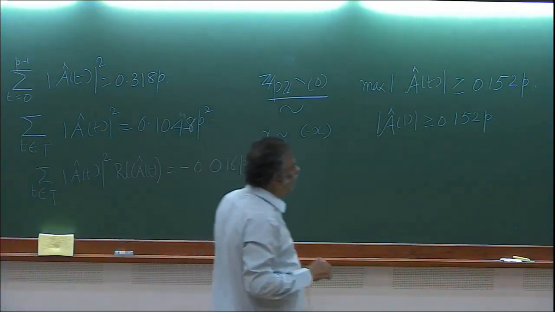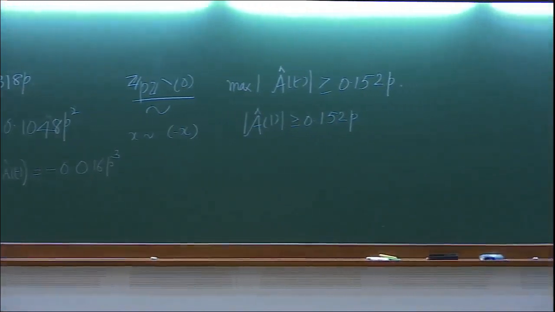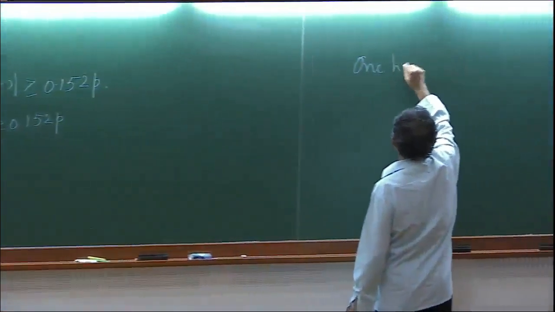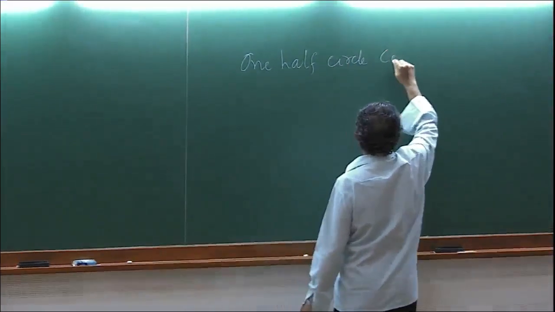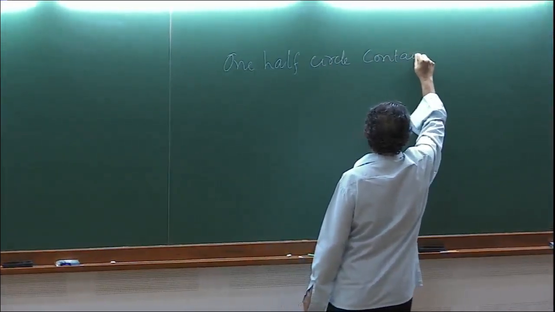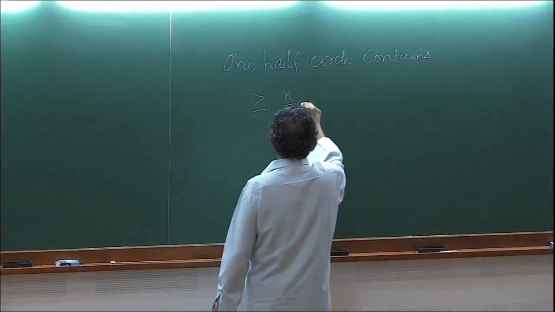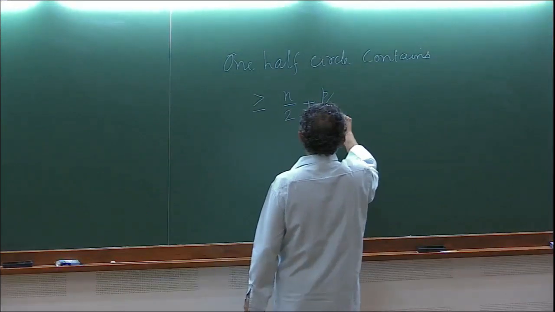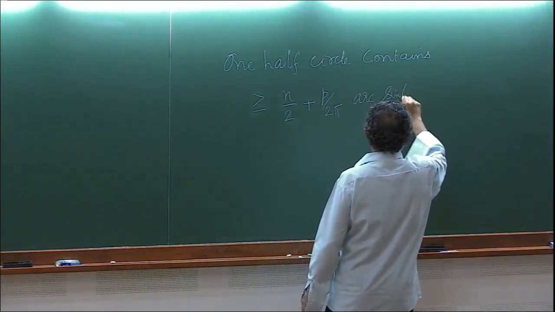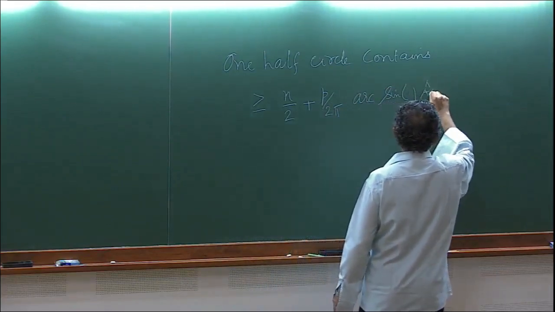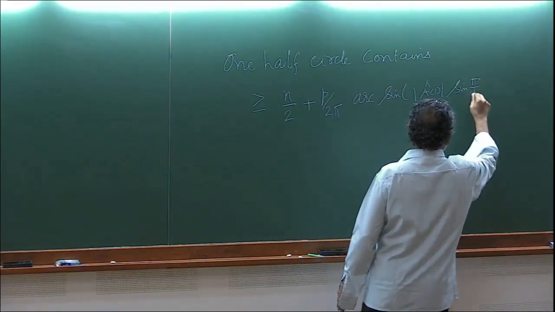In fact it says essentially that one half circle contains at least n over 2 plus p over 2 pi arcsine of |a hat 1| sine pi over p points.